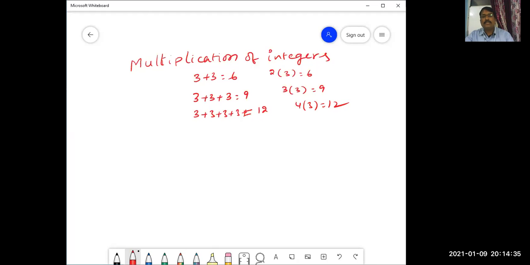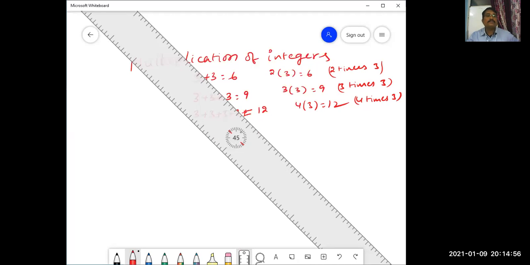That means here 2 times 3, here 3 times 3, and 4 times 3. This is the multiplication. And now I'm going to take this.